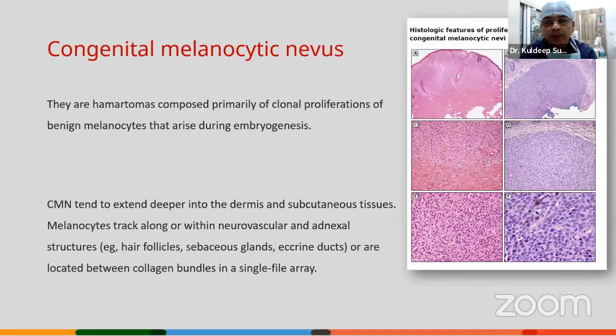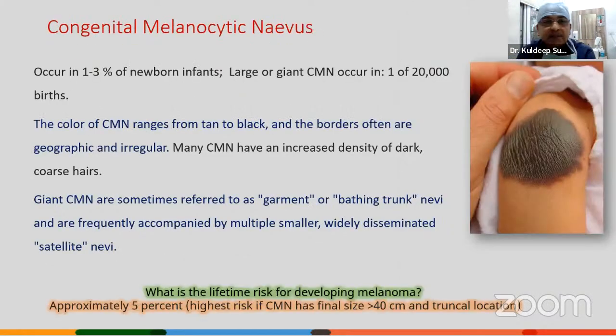These are hamartomas, composed primarily of clonal proliferation of melanocytes, which happen during embryogenesis itself. They tend to extend deep into the dermis and subcutaneous tissue. Melanocytes track along the neurovascular and adnexal structures, that is hair follicles and sebaceous glands, and they can actually enter into the central nervous system as well.